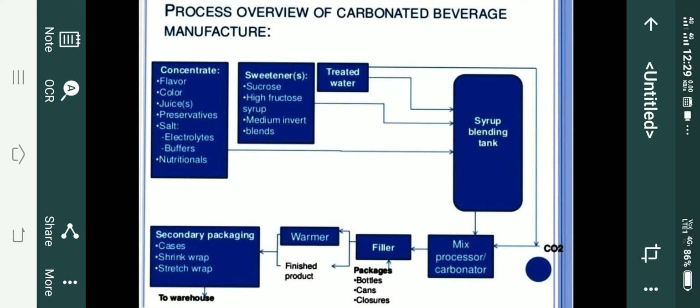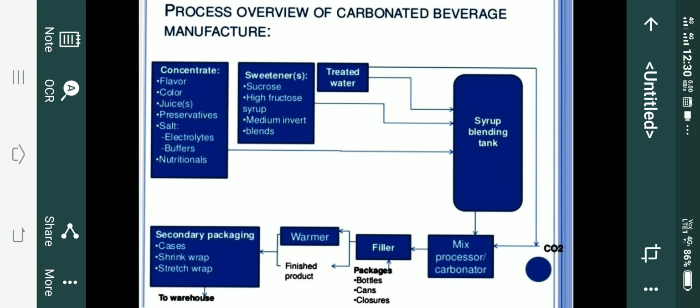Then sweeteners, a combination of sucrose, high fructose corn syrup, medium invert sugar, blends, whatever combination of ingredients we take, and then the treated water. All three of them are mixed in the syrup blending tank.